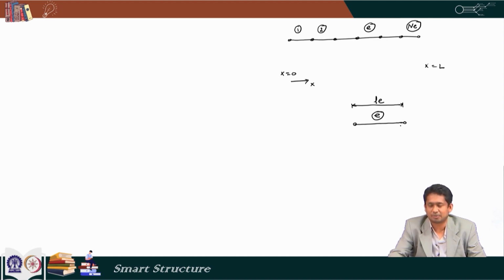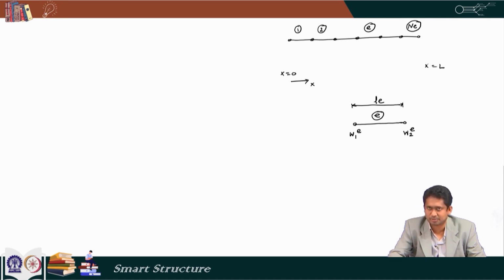This is the first node of element number E, the second node of element number E, and our solution that we want is W. W is the displacement in the transverse direction. The value of W at the first node of the eth element, we call it W1E, and the value of W at the second node of element number E, we call it W2E.